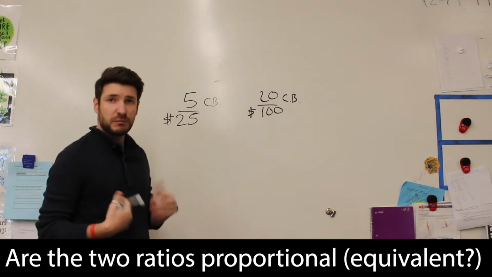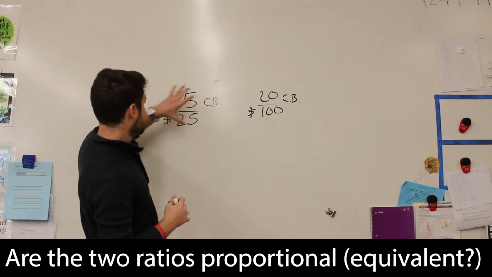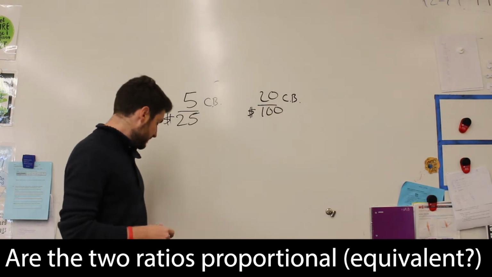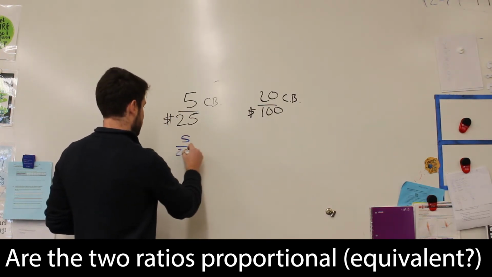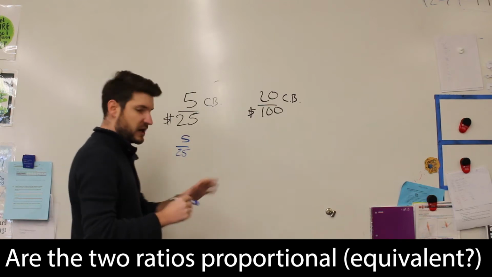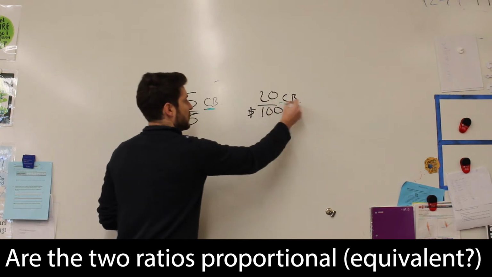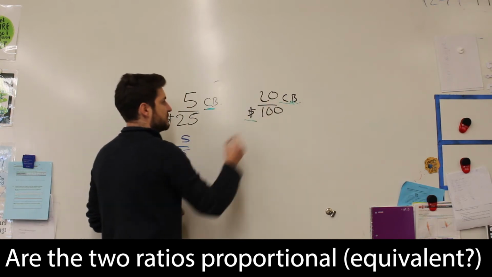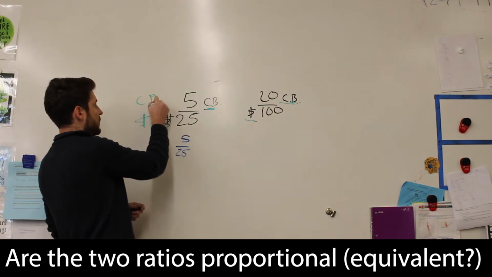But are these proportional? Well, to find that out, we have to take the ratios and simplify them. So 5 over 25. Notice that the candy bars are both on top, the money is on the bottom. This is important.